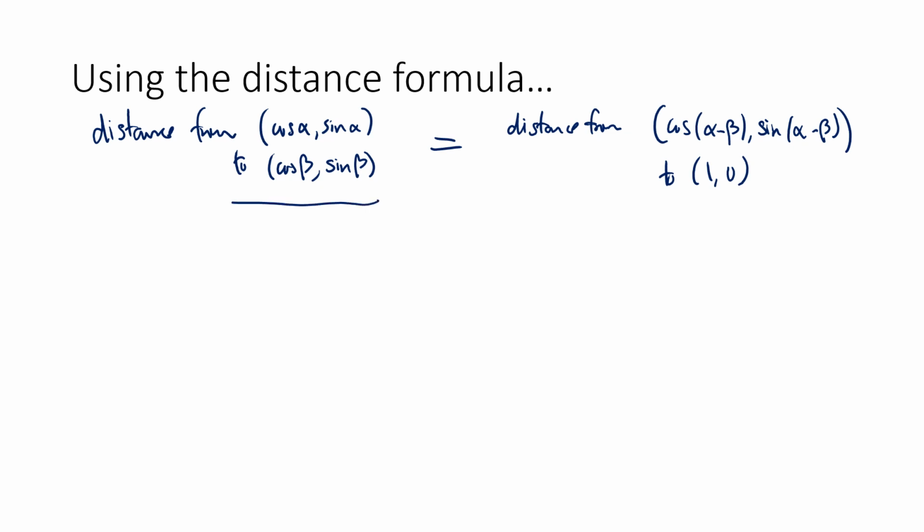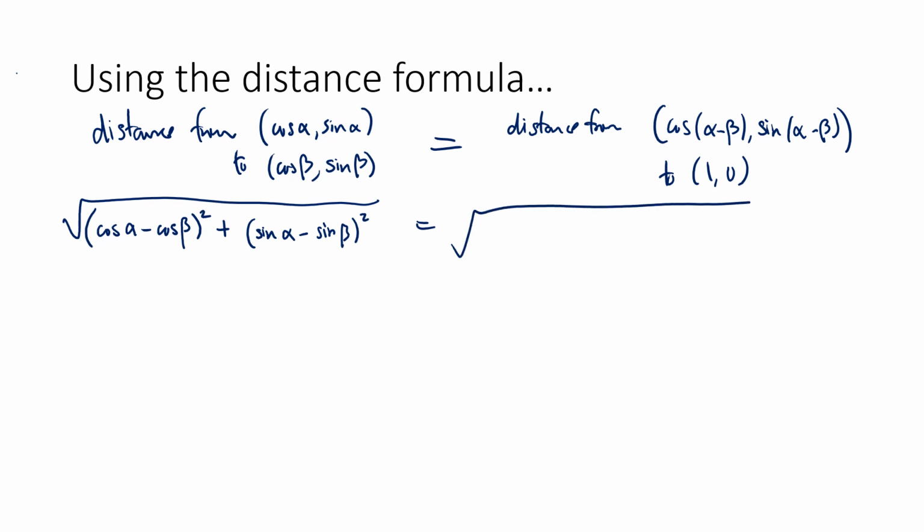The distance formula says that the distance is the square root of the difference in the x-coordinates squared, so that's cosine alpha minus cosine beta squared, plus the difference in the y-coordinates squared, so that's sine alpha minus sine beta squared. And that's going to equal the same type of expression on the other side. So that's going to be the difference in the x-coordinates, cosine alpha minus beta minus 1 quantity squared, plus the difference in the y-coordinates, so that's sine of alpha minus beta minus 0 squared.